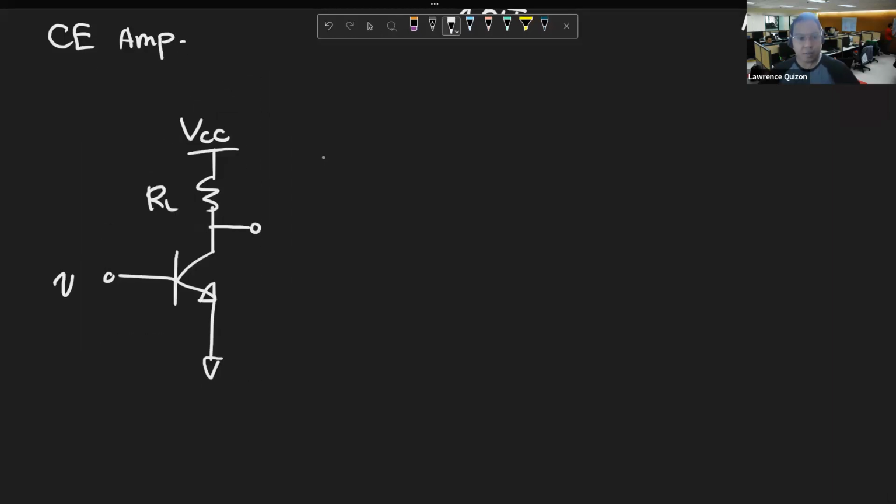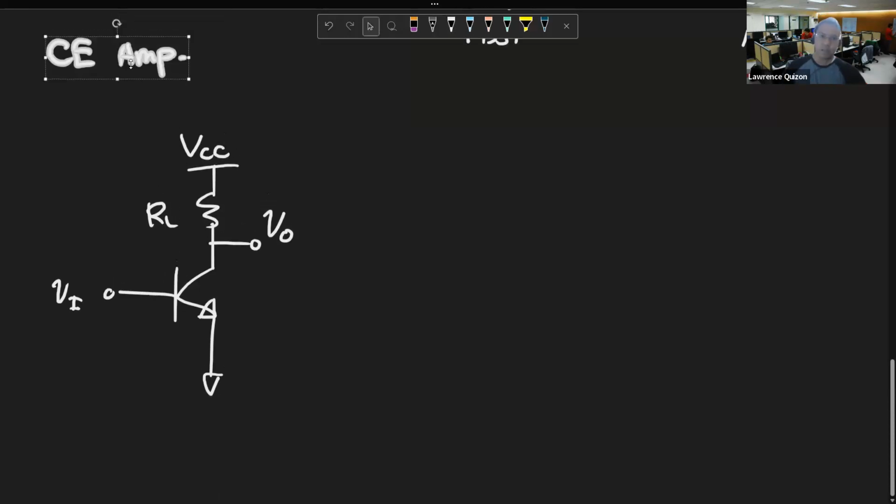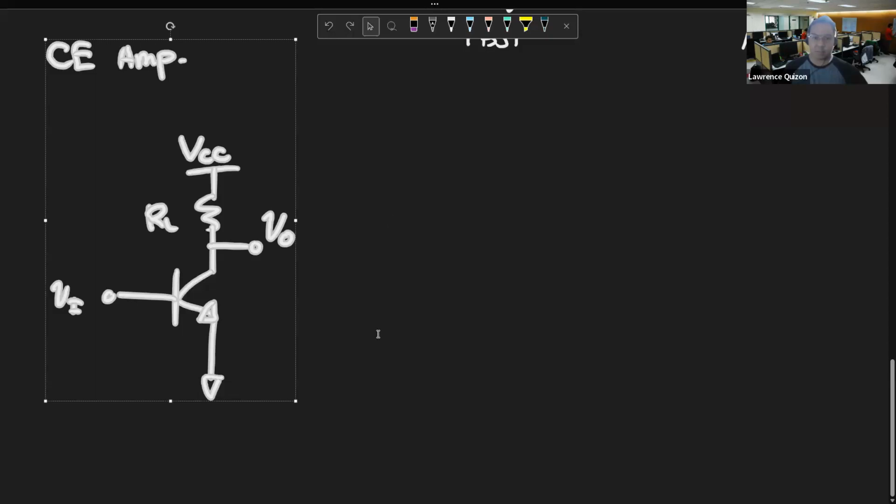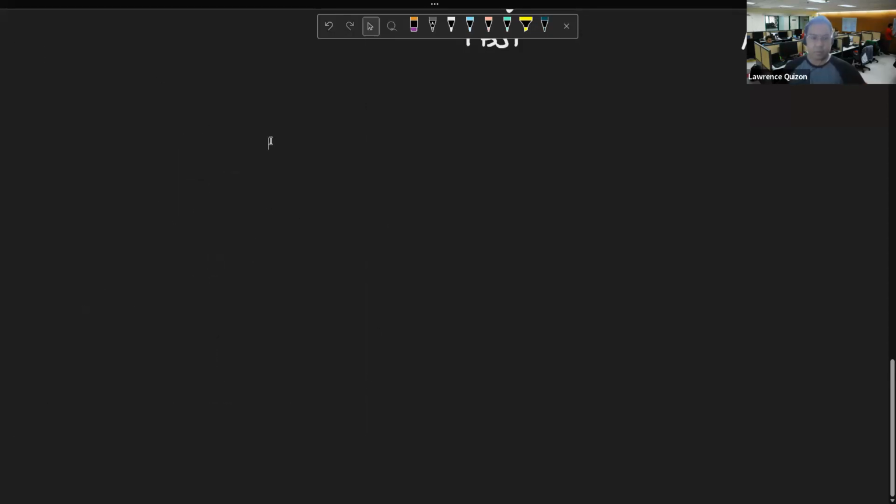So this would be V in. This V out. So this is your basic CE amplifier. I actually, sige, before this example pala, let's just store that for now. Review pala muna tayo, no?